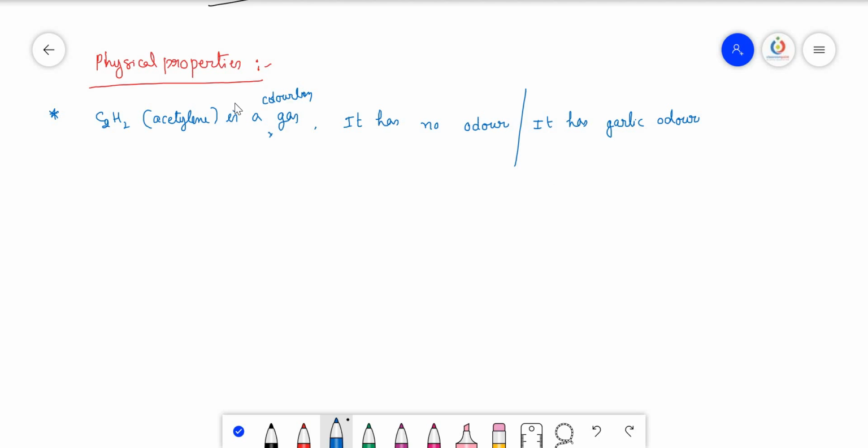So they mention it is a garlic odor, but pure acetylene does not have any odor, and only impure acetylene has the garlic odor. The garlic odor of this impure acetylene gas is due to the presence of phosphine gas. That's why it has the garlic odor. Actually, the original gas does not have any garlic odor.